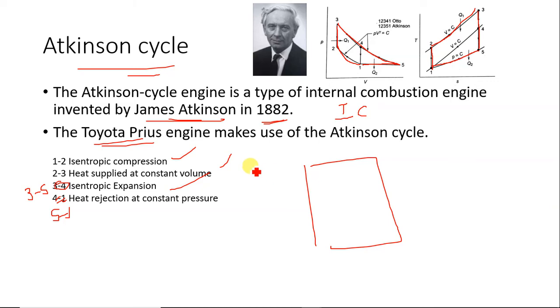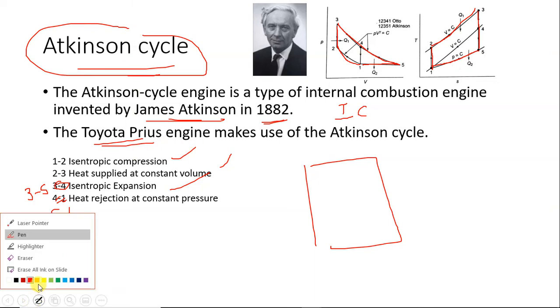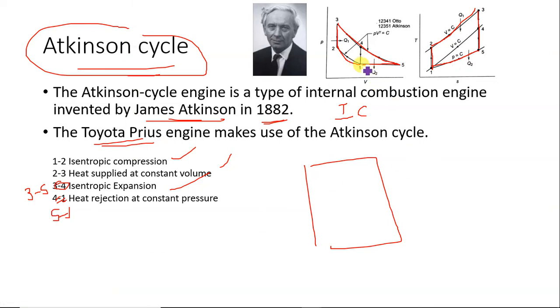Now if you observe this Atkinson cycle, we can divide it into two parts. If you observe carefully, the first is the Otto cycle. If you consider 1 to 2 to 3 to 4 to 1, this part becomes the Otto cycle, the purple part.